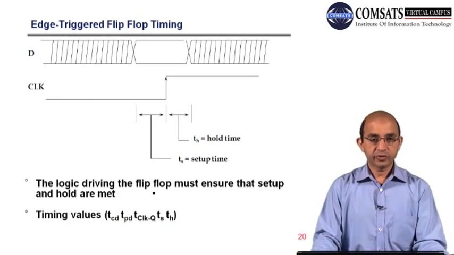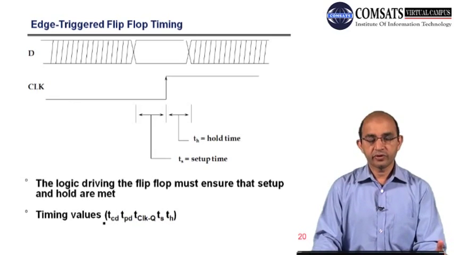So whenever we analyze the timings in the case of sequential logic, we will be taking into account those different parameters. These are CD, right? Because you know that sequential logic includes combinational logic. Whenever we talk about the output, we need the combinational logic in order to have the output.